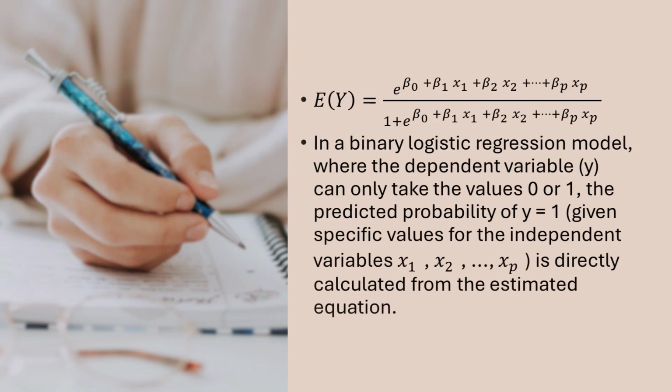You could see this is the logistic regression equation. This is the basic binary logistic regression model, where the dependent variable y can only take values 0 and 1, and the predicted probability of y equal to 1 for specific values of x1, x2 up till xp is directly calculated from the estimated equation.